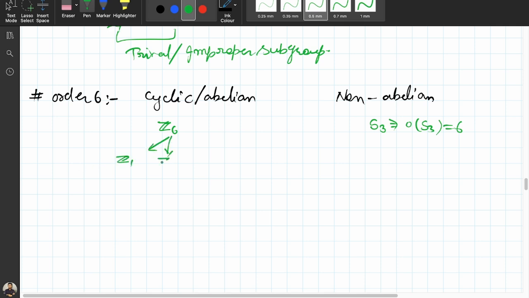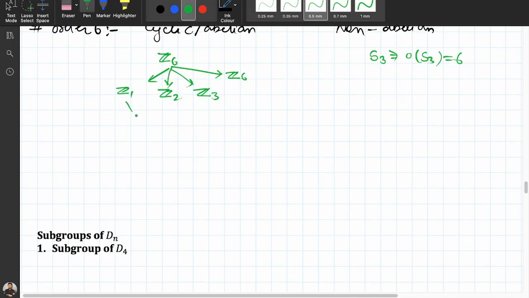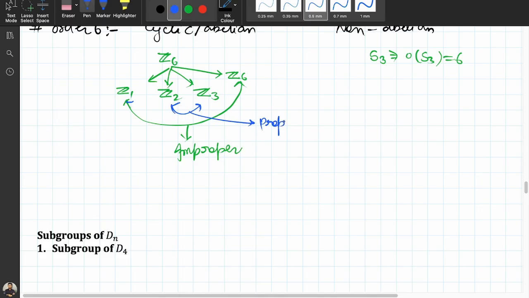Z1, Z2, Z3 and Z6. Z1 and Z6 are known as improper. But Z2 and Z3 are proper.